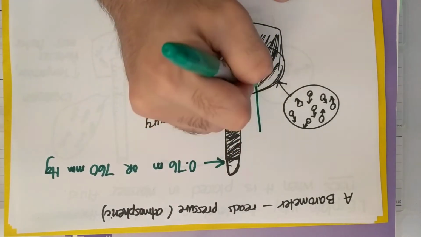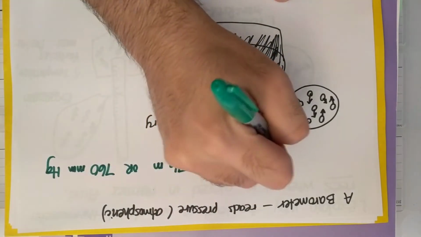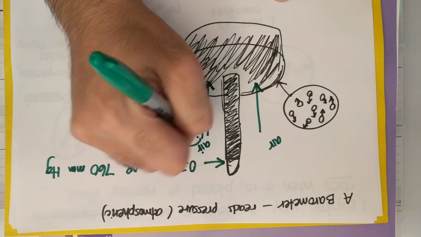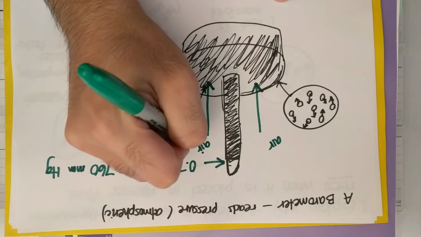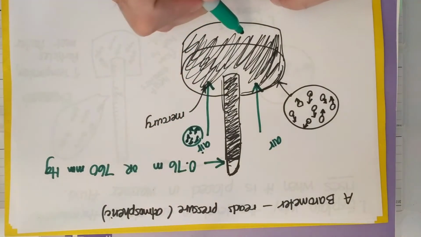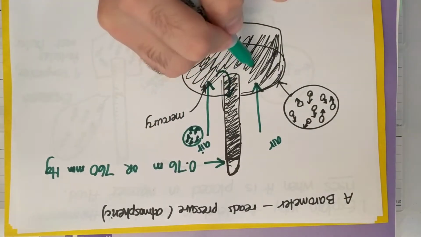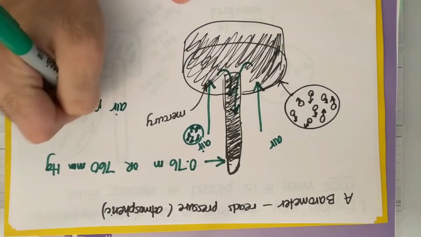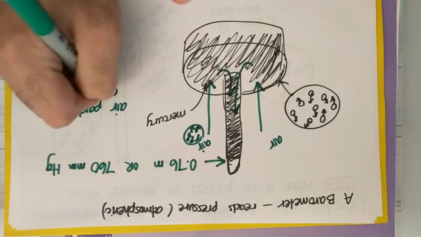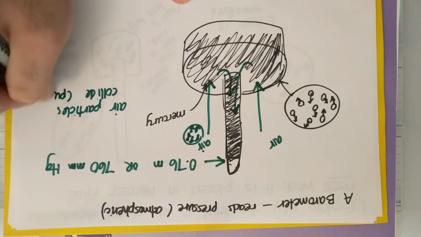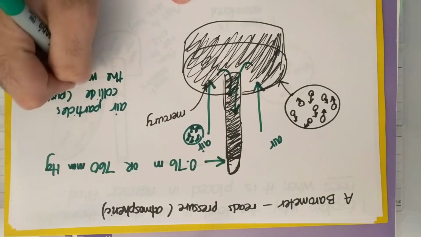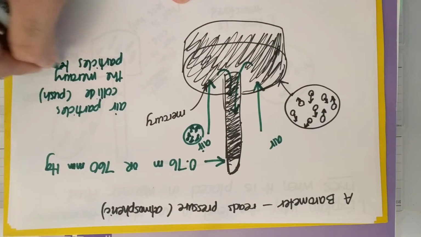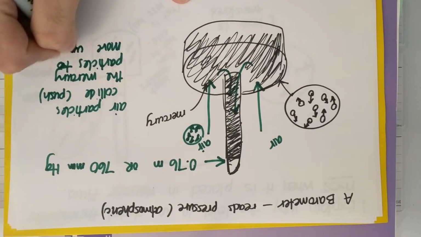And that's because air particles, so I'll just draw a quick sketch of air particles, are pushing down on this mercury and making it go up the tube. So they are colliding. The air particles collide or push the mercury particles to move up the tube.